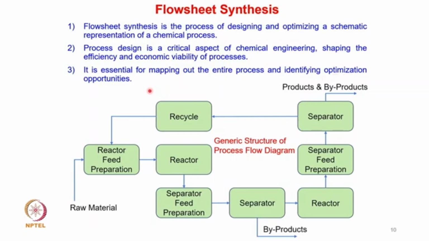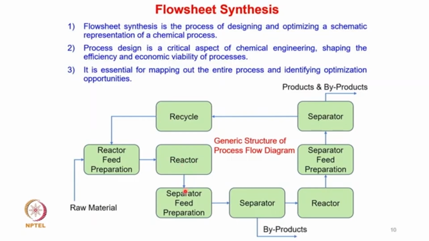So you can see that any chemical process can be generically represented using a process flow diagram as shown here in this slide. Raw material can be charged to the reactor feed preparation, and from here the reactant is then charged to the reactor.